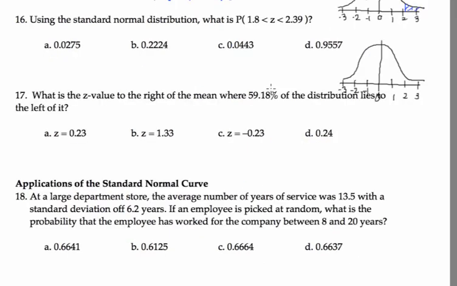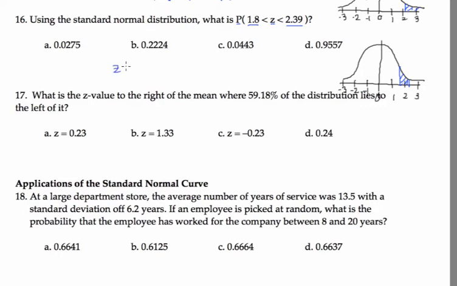Using the standard normal distribution, what is, okay, let's translate this first. The probability that the z-scores are between 1.8 and 2.39. So this area. I'll look up the probability. These are the z-scores, z-score of 1.8, z-score of 2.39. I look those up on the table, and I find the probabilities that are to the left of each of those.